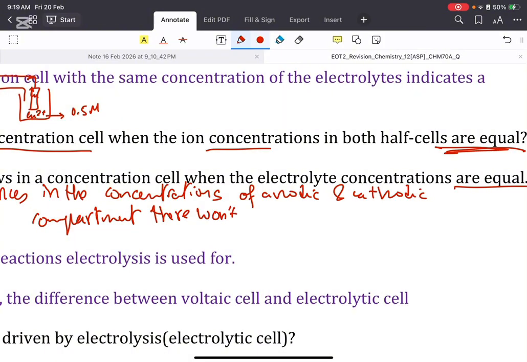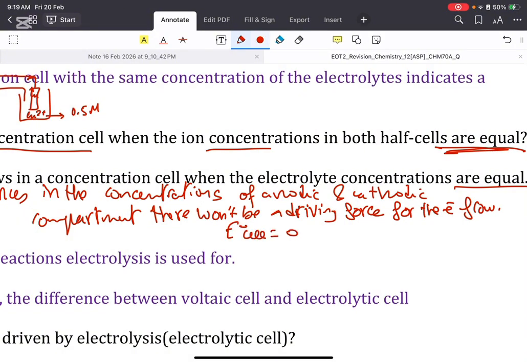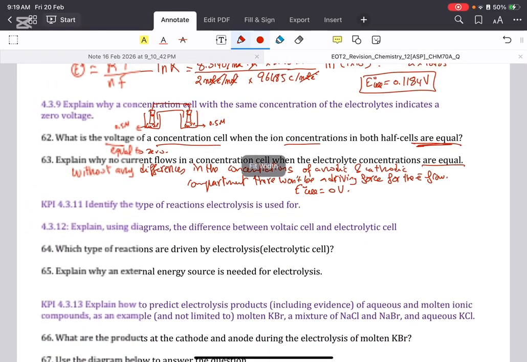There won't be a driving force for the electron flow, and that's why the E is 0.